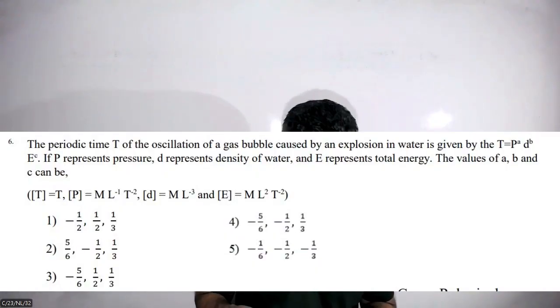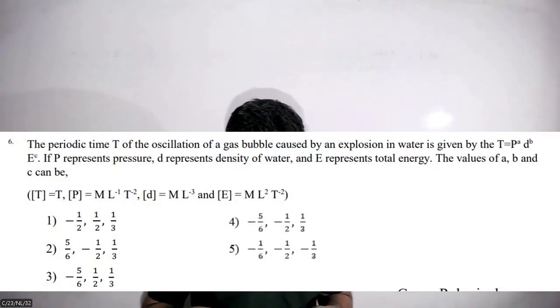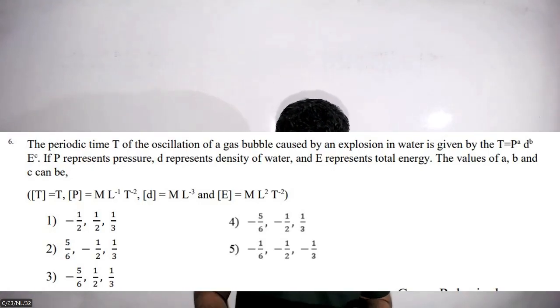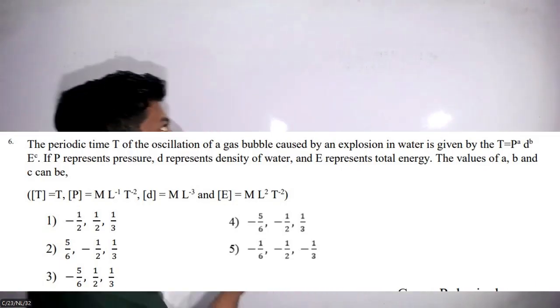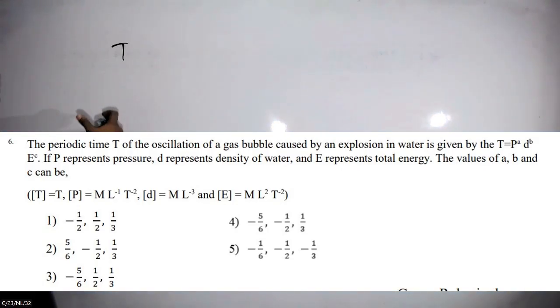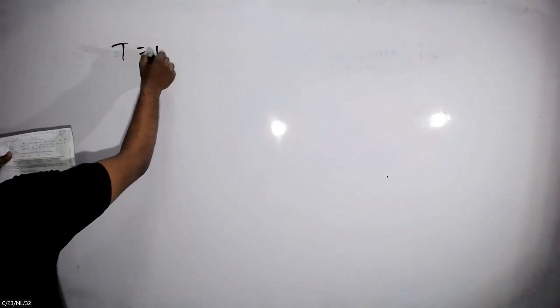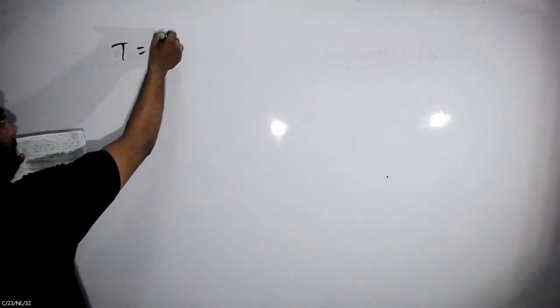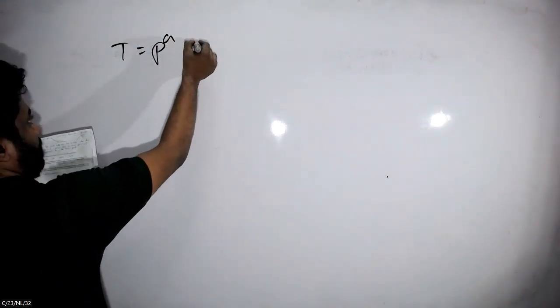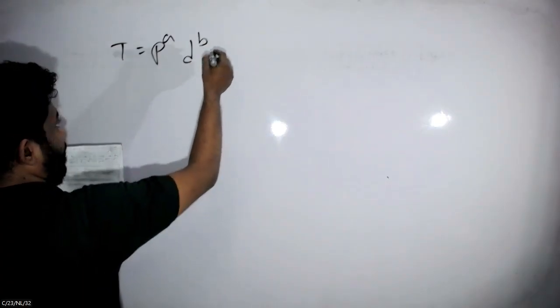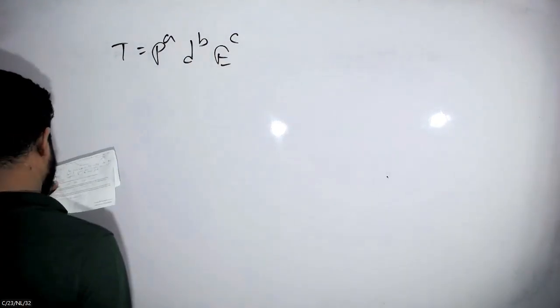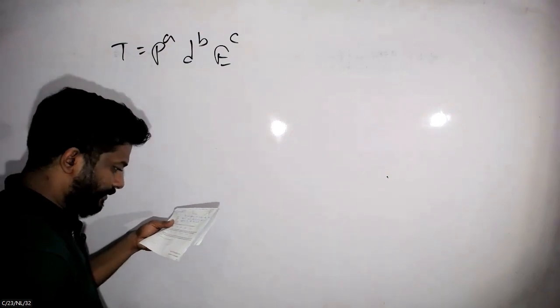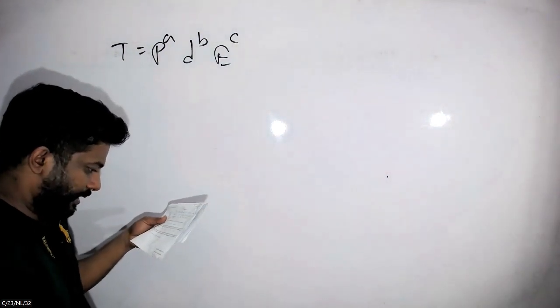Right, Pute, read the question number 6. The periodic time capital T of the oscillation of a gas bubble caused by an explosion in water is given by T equal to P to the power A, D to the power B, and E to the power C. You need to find the values of A, B, C, right, Pute?